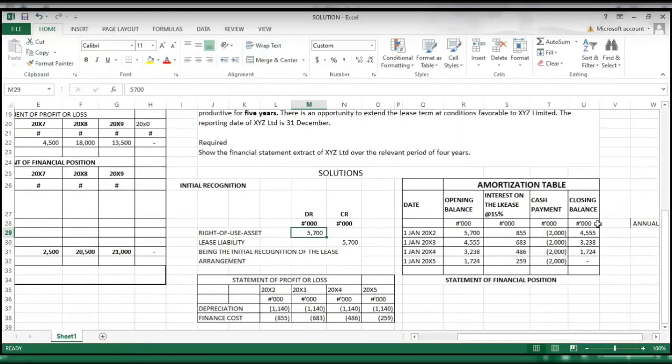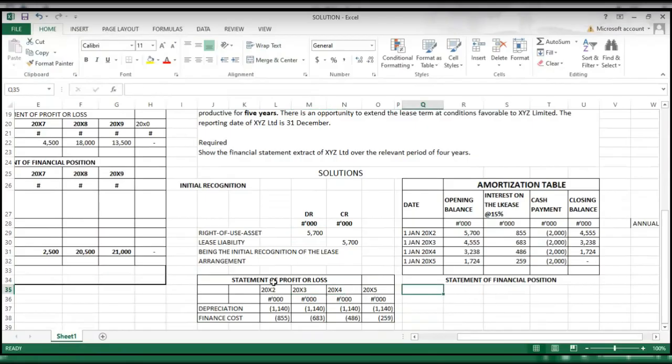So we did this yesterday. And we said what will go to the statement of profit or loss alone will be the depreciation charge on the lease underlying asset, the right of use asset, and the finance cost, which is the interest incurred every year on the lease.